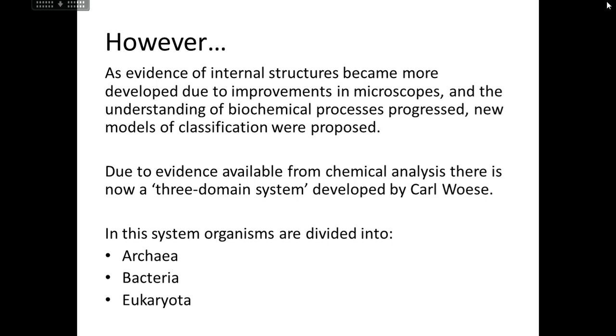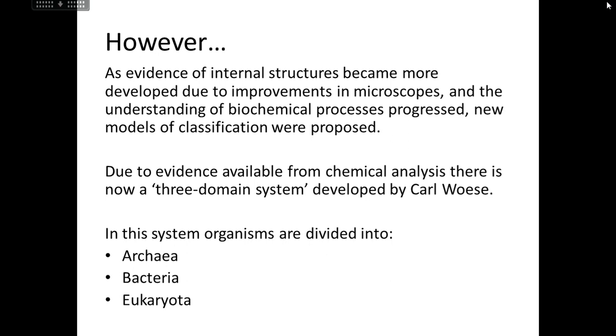So due to improvements since the 1750s, when Carl Linnaeus came up with the Linnaean system, we've been able to come up with a completely different system. This one was developed by someone called Carl Woese. He designed it based particularly on things like microscopes and more understanding of biochemical processes such as metabolism, respiration, photosynthesis, those kinds of things.